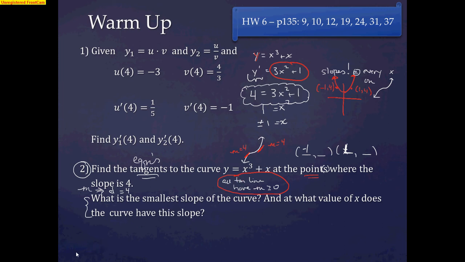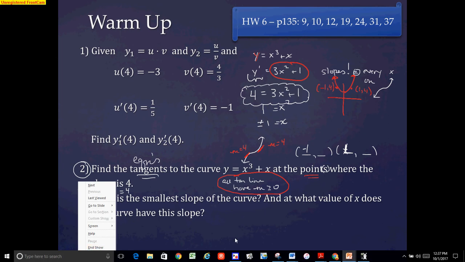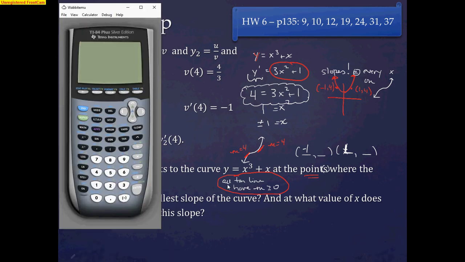So I want to show you what that looks like on the calculator. There is, in y1, x cubed plus x. And I'm going to shrink my window just a little bit. Let's make this -5 and 5.